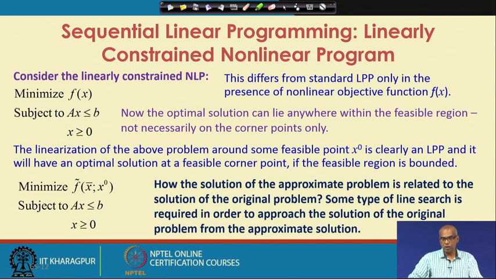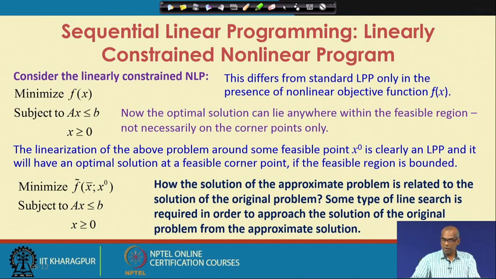But how is this solution of the approximate problem, that means the linearized problem, related to the solution of the original problem? The solution of the approximate problem or the linearized problem will always lie on the corner points, but the solution of the original problem may lie anywhere within the feasible region.